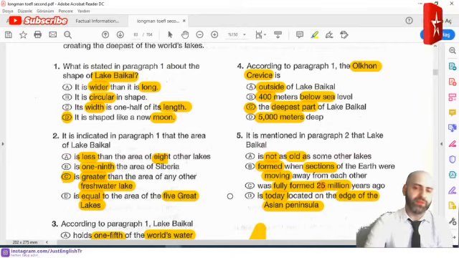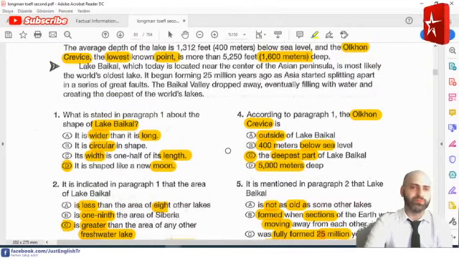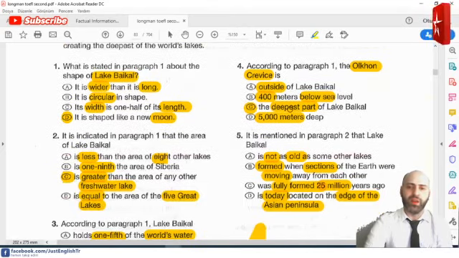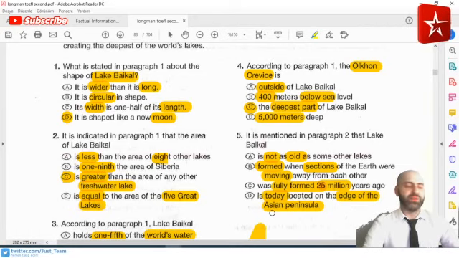Now let's go back to the passage. So we need paragraph 2. "Lake Baikal, which today is located near the center of the Asian Peninsula." So I see near the center of the Asian Peninsula, and here I see edge of the Asian Peninsula. Guys, do you think D is the correct answer?